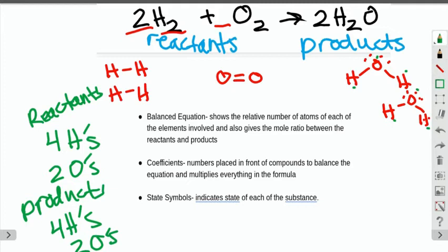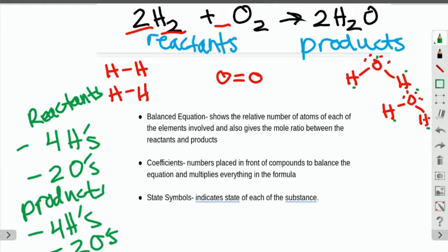And those atoms take up mass, just how I made you guys look at the molar mass on periodic tables. So this is a balanced equation because on the left and the right side, matter is not created or destroyed. We have the same exact numbers of molecules of hydrogen and molecules of oxygen.